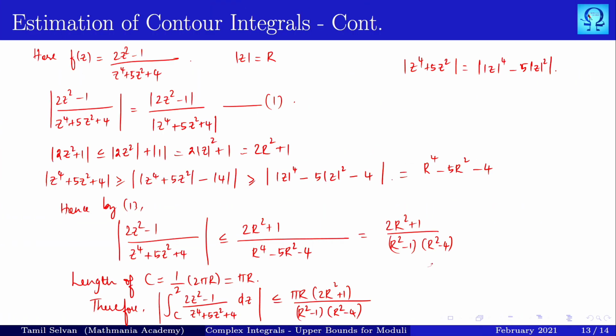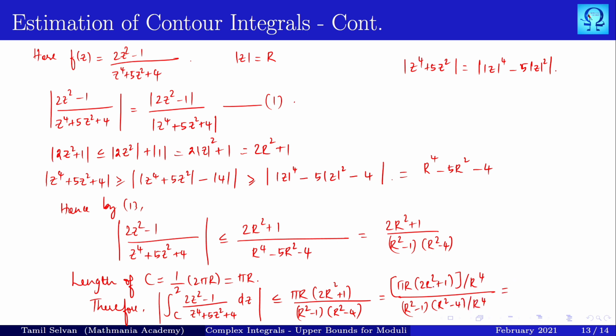Next, we'll have to divide this quantity by r to the power 4, which means pi r times 2r squared plus 1 divided by r to the power 4, and r squared minus 1 times r squared minus 4 divided by r to the power 4.